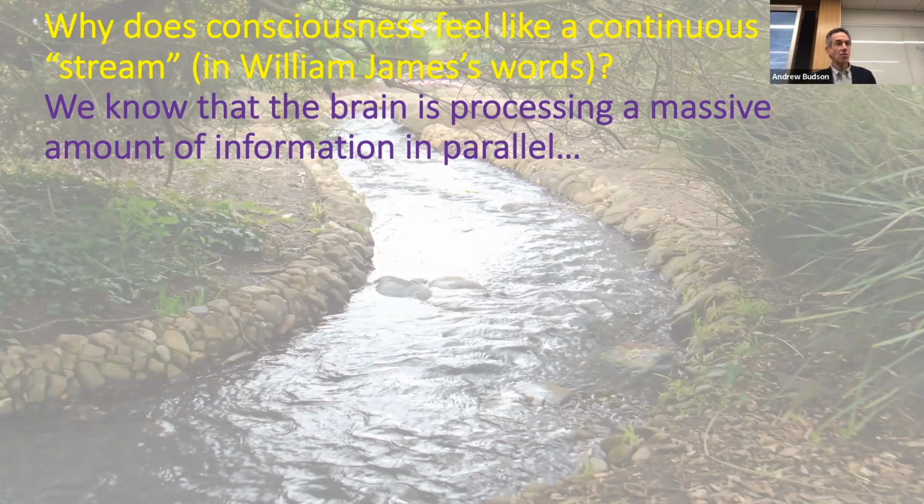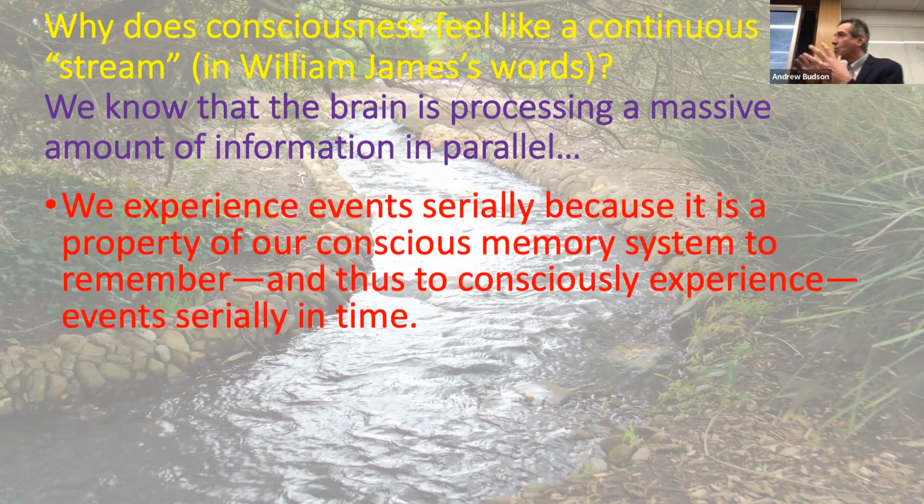Now, I talked earlier about William James noting that consciousness feels like this continuous stream, even though we're processing information in parallel processes. So the question is, well, why does it feel like that? And we argue that the reason consciousness feels like a stream is because it's a memory system, and that's what our memory does.